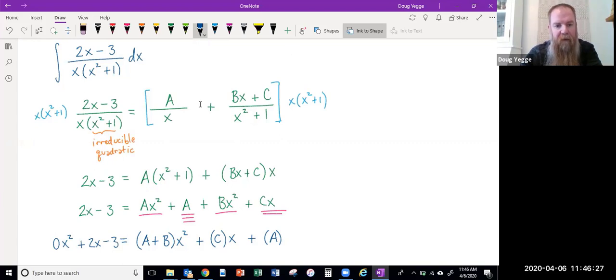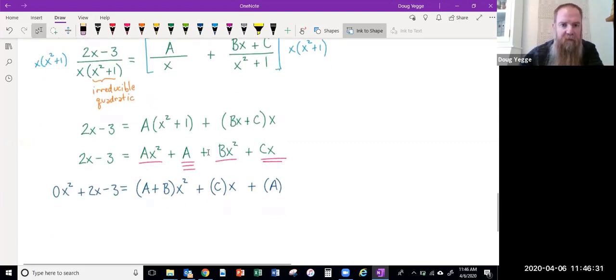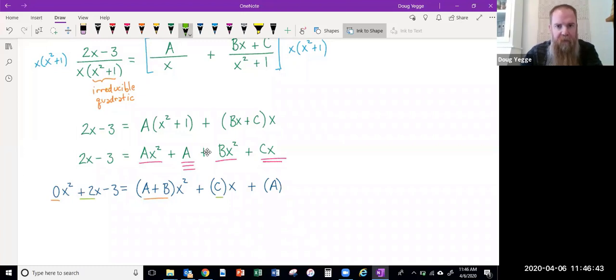And now in equating the coefficients, we can figure out what our a, b, and c are. So we see that a plus b is equal to 0, 2 is equal to c, and -3 is equal to a.